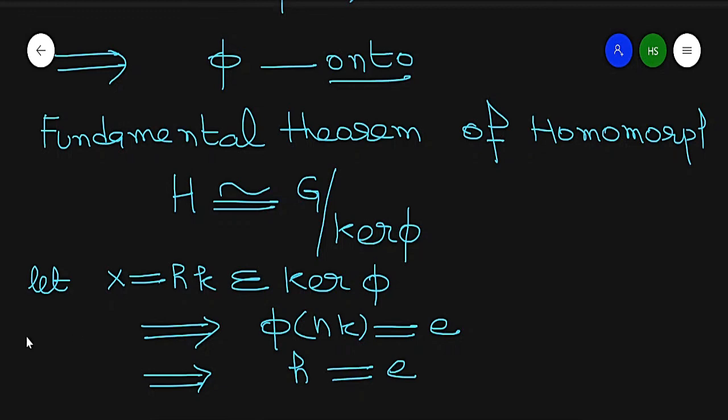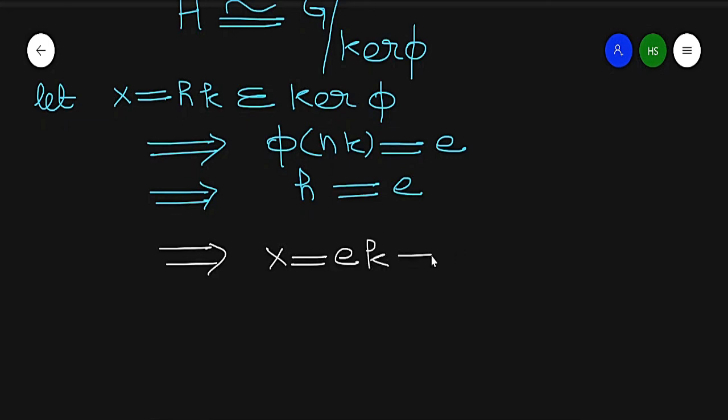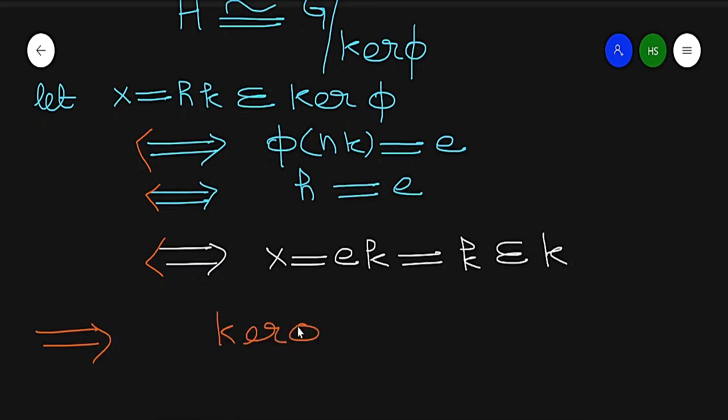It means h is equal to identity. If h is equal to identity, it implies x is e into k. So it implies it is k and k belongs to capital K. Now reverse this procedure, we get kernel of phi equal to capital K.